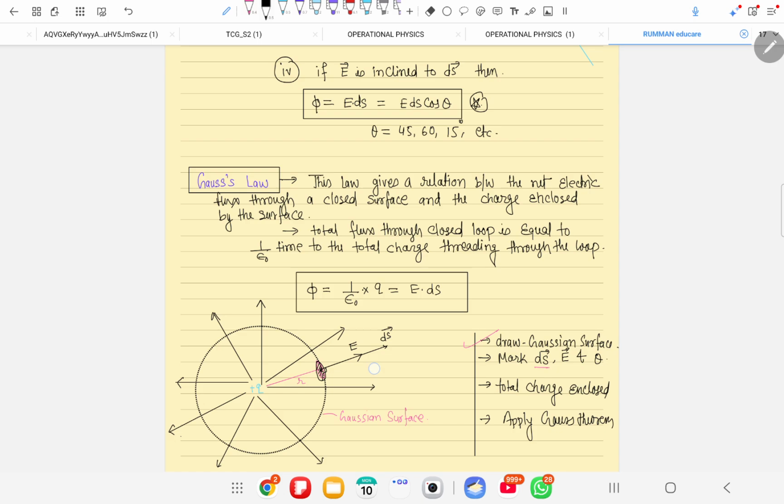So the ds vector is parallel to the E vector, which is why the angle theta between them is 0 degrees.